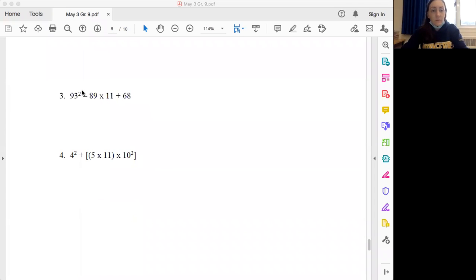Okay, so we look at this. Are there any brackets? No. Is there an exponent? Yes. So our first step would be 93 squared, which is quite a big number. So our answer gives us 8,649. And you're going to rewrite everything back in after that. Okay, our next is division or multiplication. We have a multiplication right there.